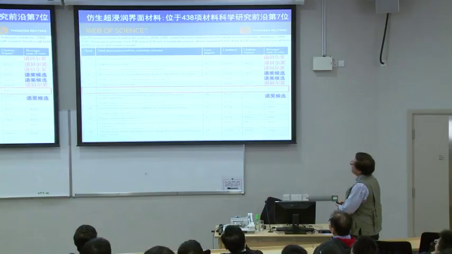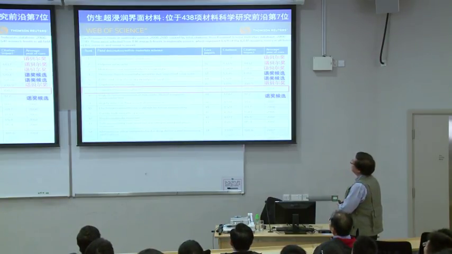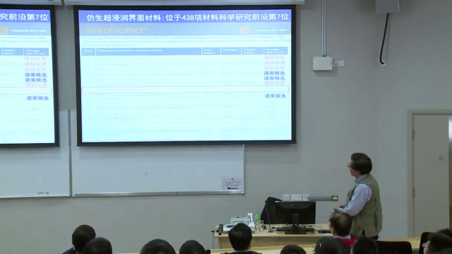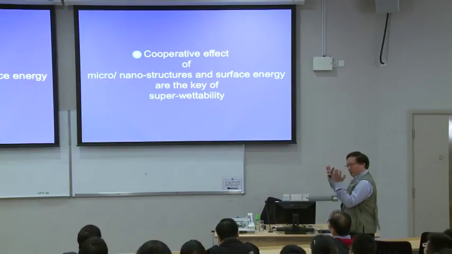This field was ranked by the Global Research Report of Science, in Material Science, as number 7. You will see who is in front of us, and high-Tc is behind us.